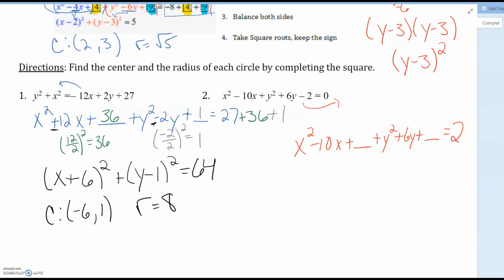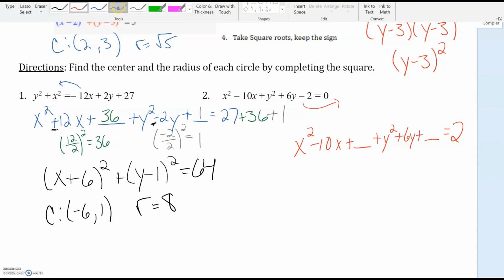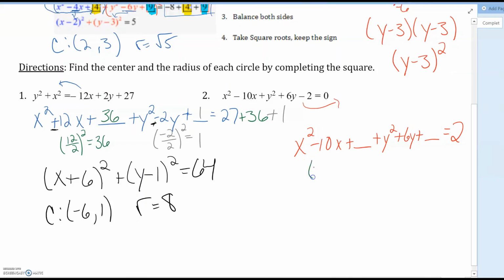Then I'm going to take half of the middle value, which is negative 10, half of that, square it, which is 25. What I do to the left side, I also need to do to the right. So if I add 25 here, I need to add 25 over here.